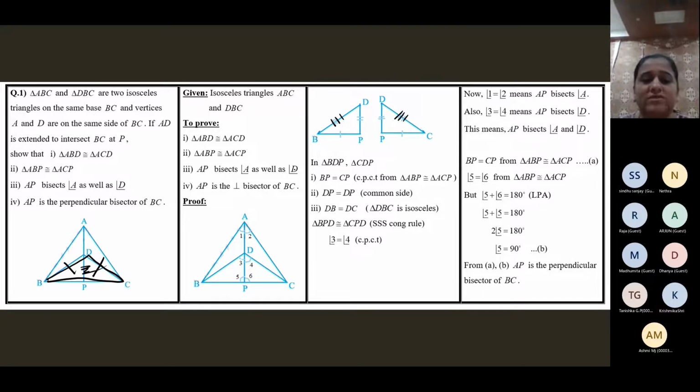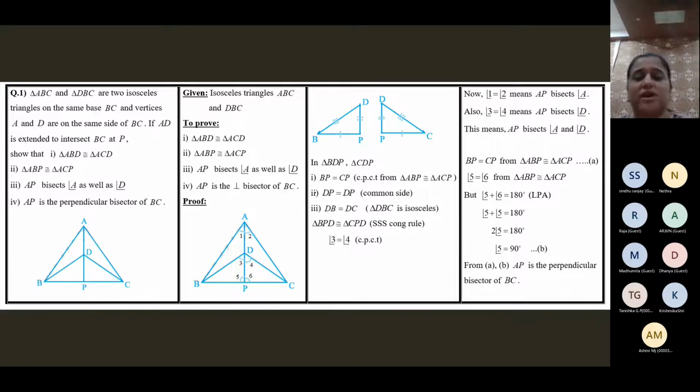Then DP is the common side. And BP is equal to CP because we proved that this triangle is congruent to this triangle, by CPCT.